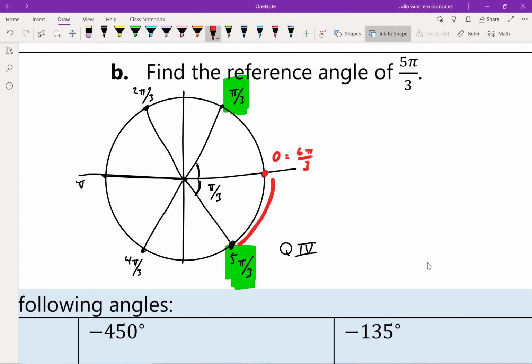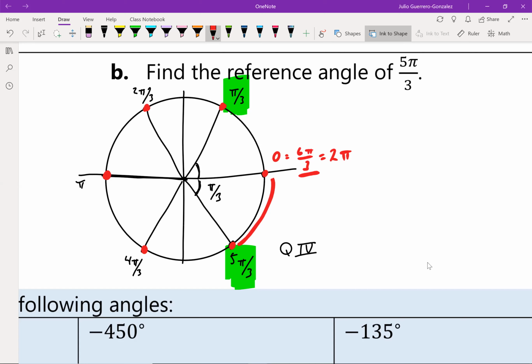You see how I was counting: pi over 3, 2 pi over 3, 3 pi over 3, which is pi, 4 pi over 3, 5 pi over 3, 6 pi over 3, which rounds out to 2 pi.